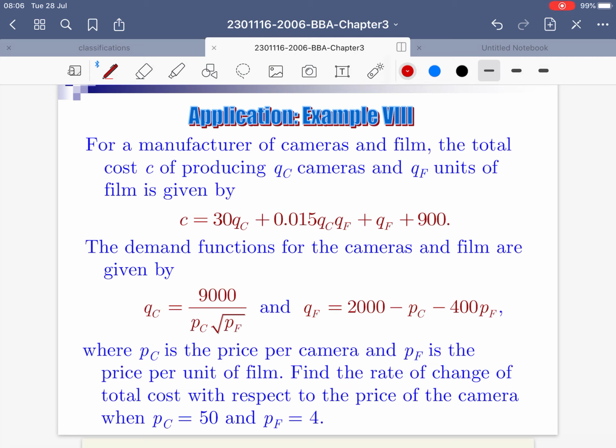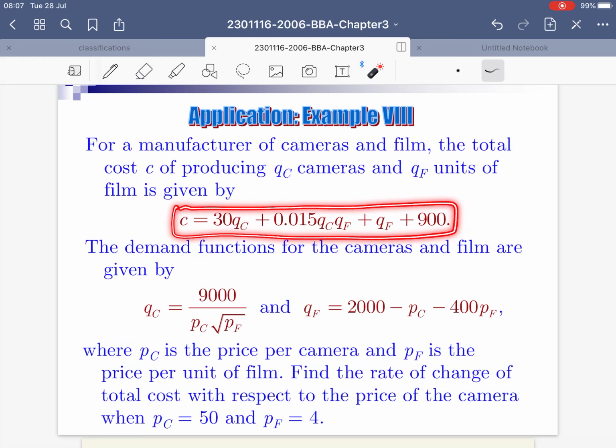This one says that a manufacturer of cameras and film has a total cost of producing QC cameras and QF units of film given by 30 QC plus 0.015 QC QF plus QF plus 900. So this cost depends on the number of cameras and film that you produce.